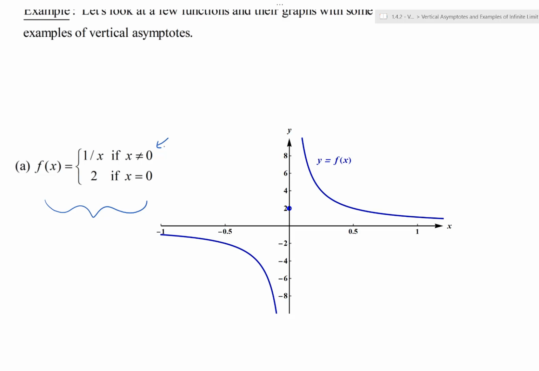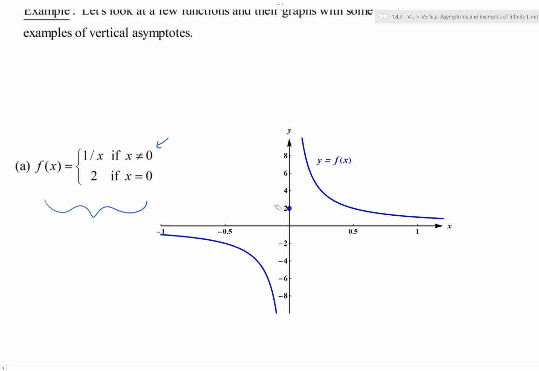It mostly looks like 1 divided by x. However, 1 over x is not defined at 0 in general, and in this case too. If x is 0, then the function is defined to be 2. There's that little dot right there in the picture. When x is 0, the function actually happens to be 2.